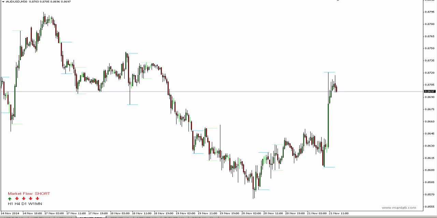Obviously, I spoke about the longer term setup already on the 4-hour daily time frame. But this particular setup that happened this week was a Quasimodo setup, as you guys can see here. Let me just highlight the area for you.